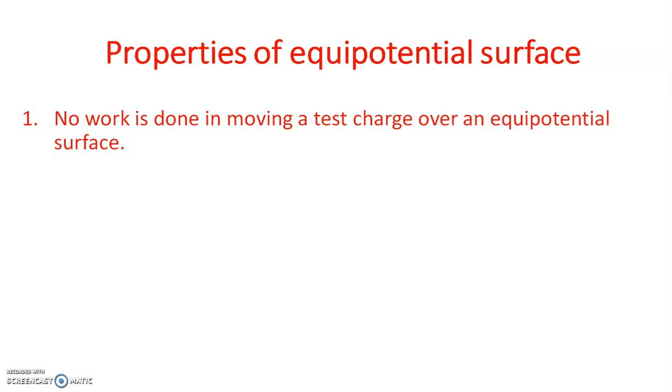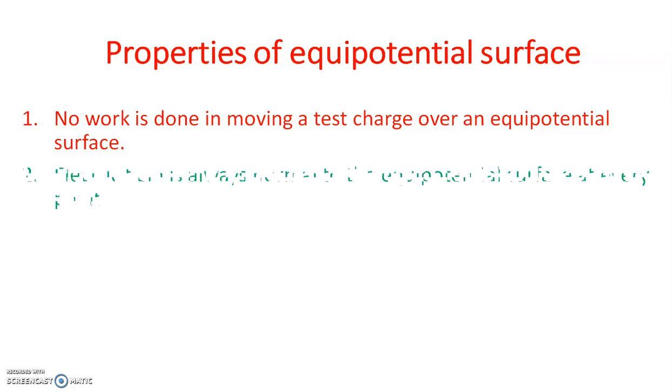To take a charge from one point to another, what is the formula to find work done? Work done is equal to charge into potential difference. And what is the potential difference between 2 points on an equipotential surface? It is 0. So work done is charge into 0, so you will get it as 0. So we can say that no work is done.